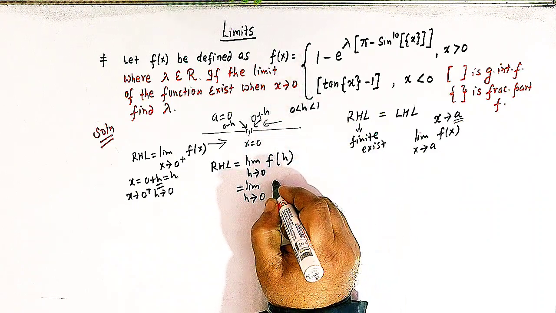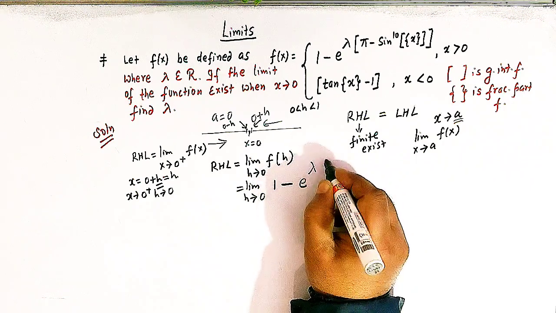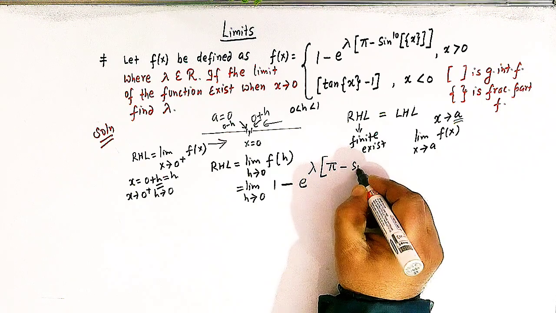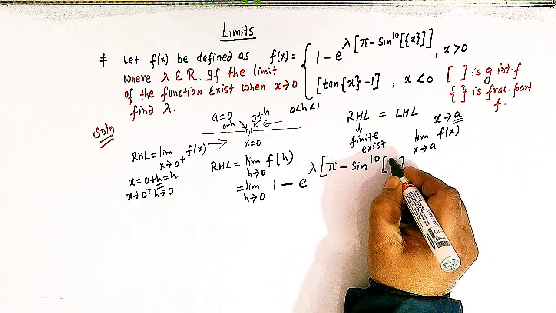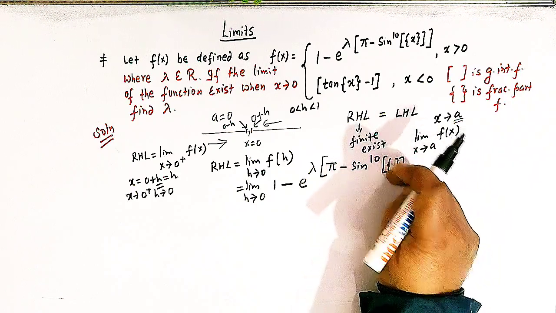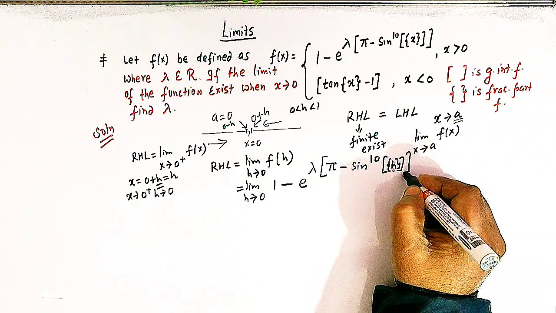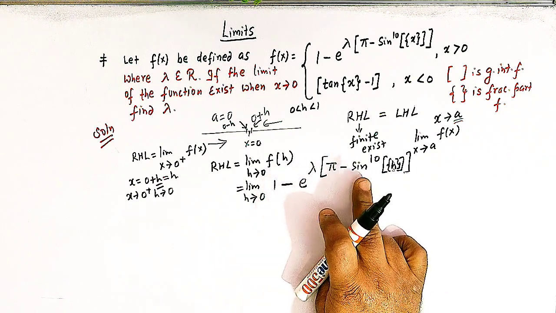So we have 1 minus e raised to lambda times greatest integer of pi minus sine raised to 10, and greatest integer of fractional part of x. Here x can be written as h, and here we have greatest integer function. So now we have to evaluate this limit.